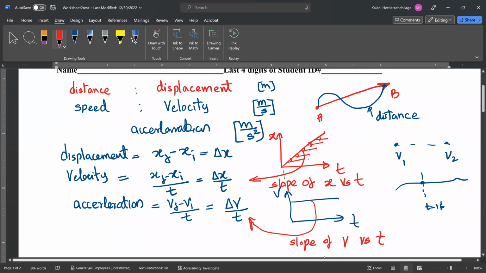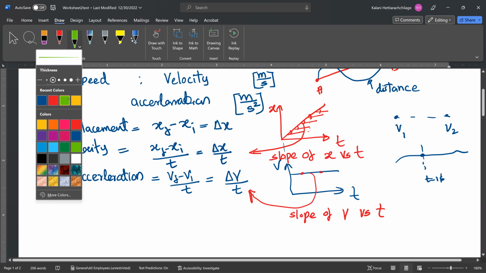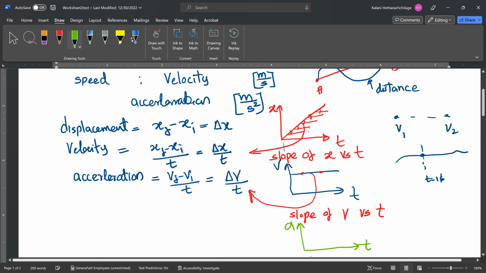According to the graph it will be different, but here you see that the slope of this graph is 0. Then if I plot the acceleration for this one, in exactly the same time interval, acceleration as a function of time will be just 0 because there is no slope for this graph.